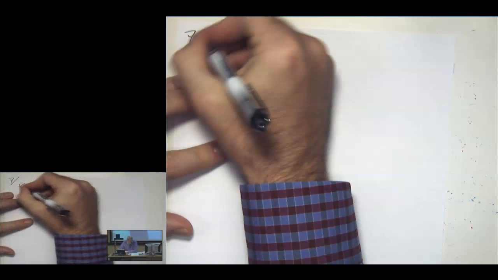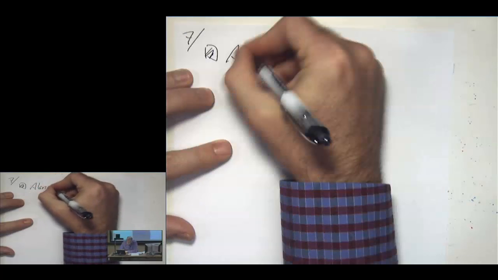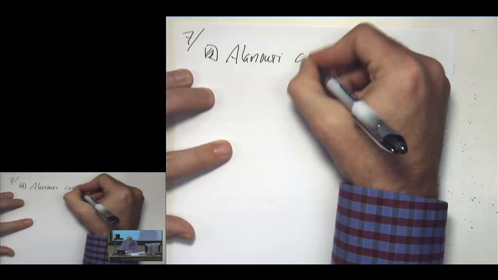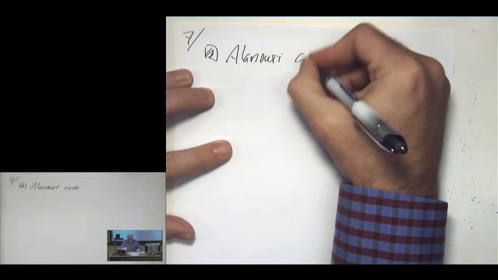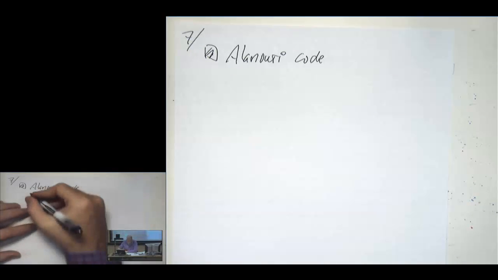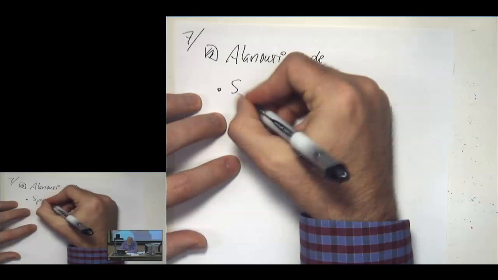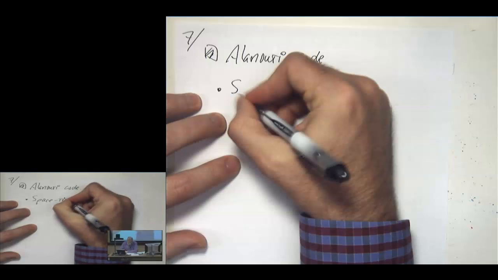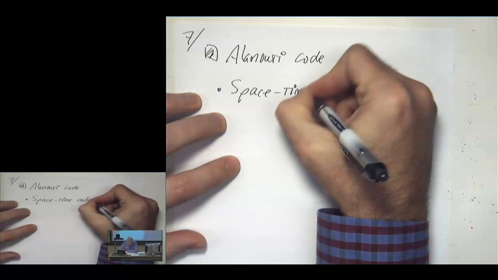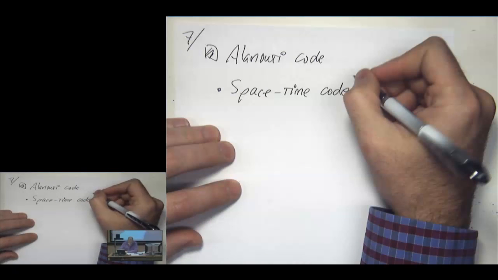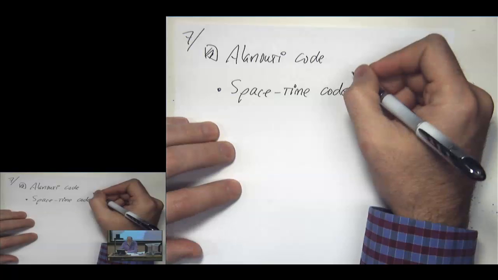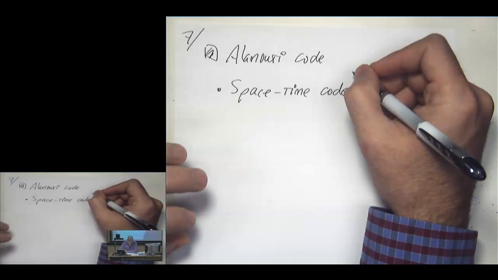All right, so the Alamouti code. This is an example of what's called a space-time code. A space-time code is not necessarily an error control code.